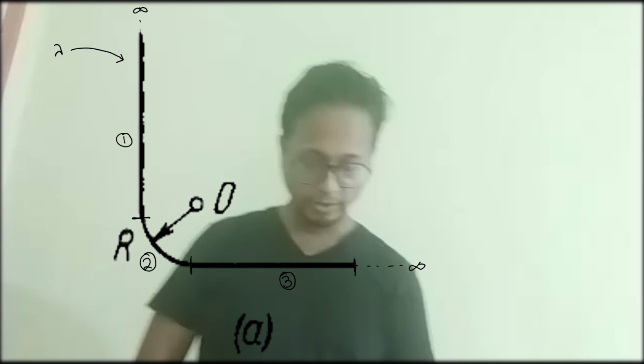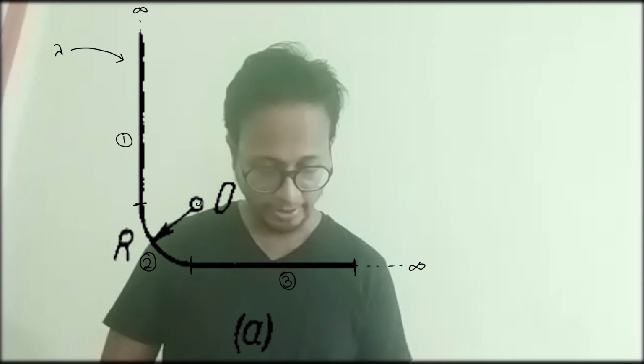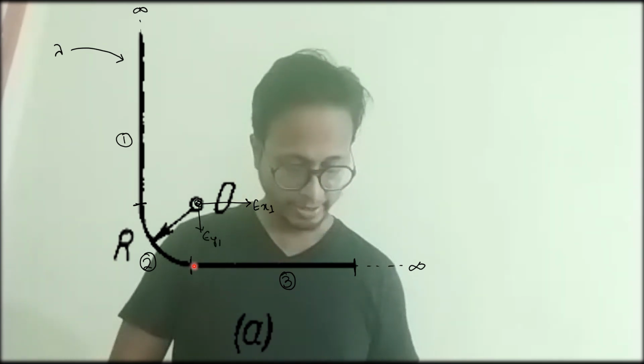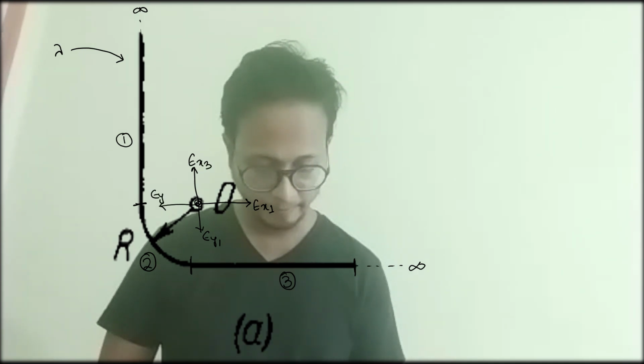What is the electric field due to this first wire at point O? The x component of electric field due to the first wire would be Ex1, and the y component would be in this direction, Ey1. Similarly for the third wire, the x component would be in upward direction, Ex3, and the y component would be in this direction, Ey3.